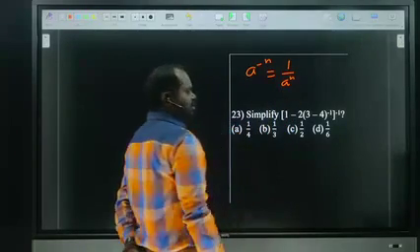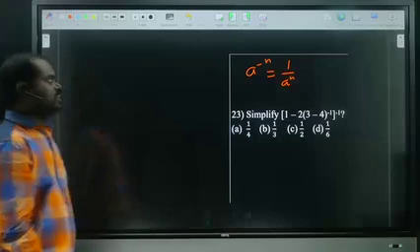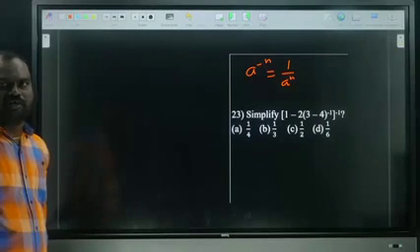This thing we learned in school maths also: a power minus n is equal to 1 by a to the power of n. That property we have to use. Once try that.